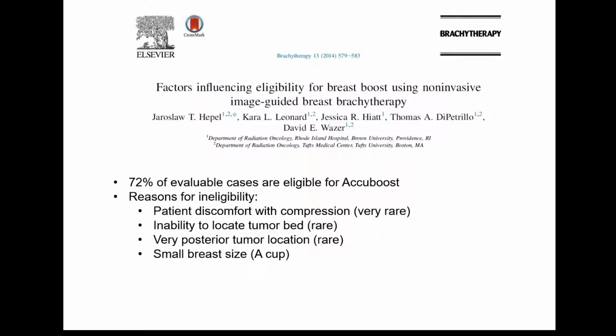As for reasons for ineligibility, patient discomfort with compression is quite rare. Inability to locate the tumor bed is also quite rare. Very posterior tumor location is rare, and very small breast size can be a challenge at times. Next slide.